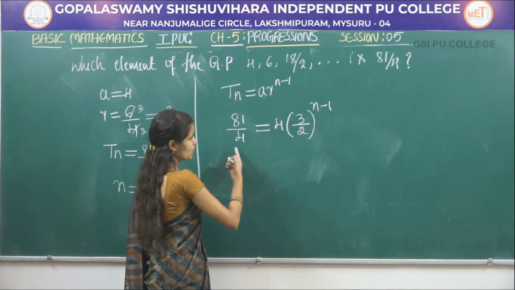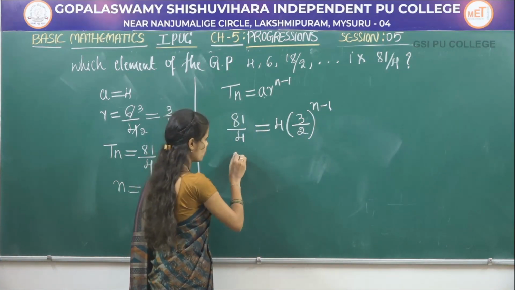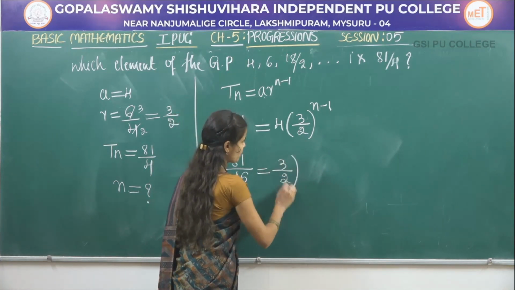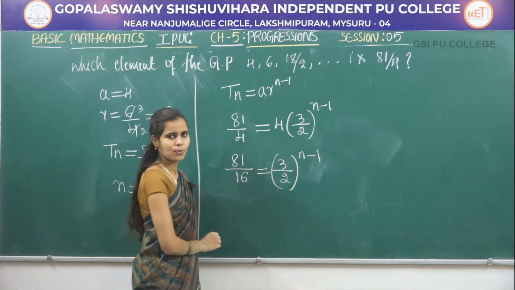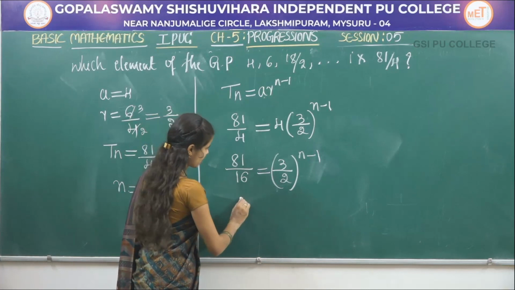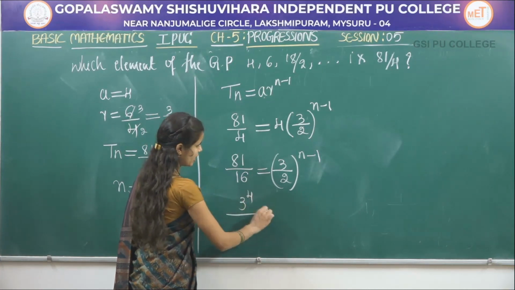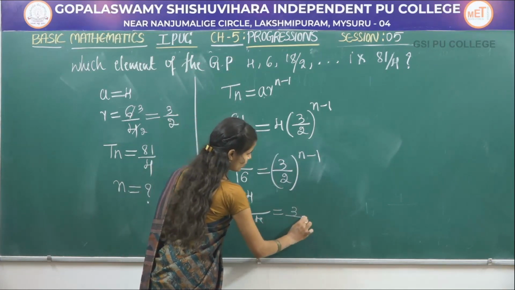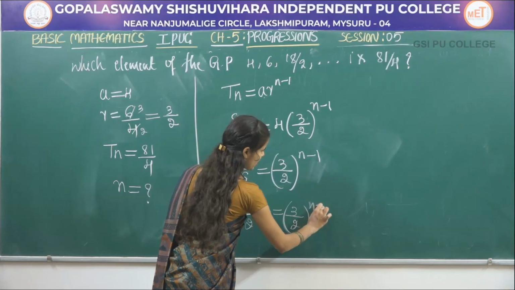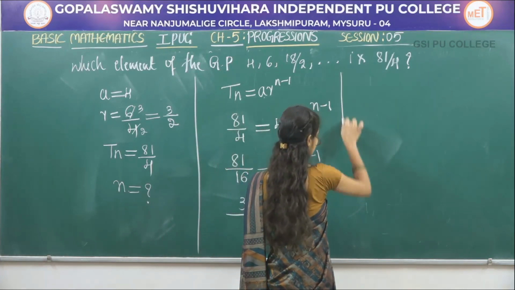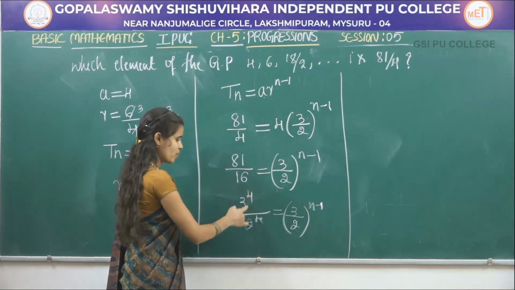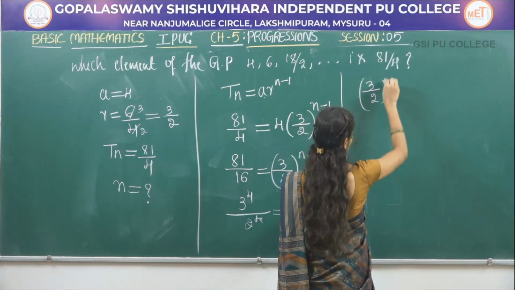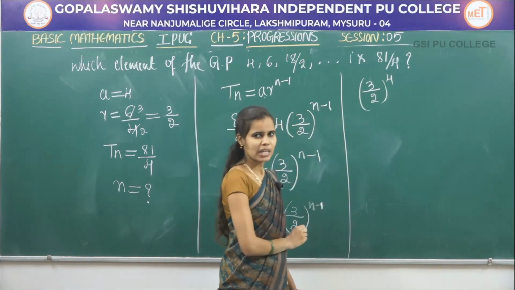Take this term to the left side, so cross multiply: 4 into 4, 16. So 81 by 16 is equal to 3 by 2 to the power of n minus 1. Here 81 can be written as 3 to the power of 4, and 16 can be written as 2 to the power of 4. So 3 to the power of 4 divided by 2 to the power of 4 can be written as 3 by 2 to the power of 4, by applying the fifth law of exponents.